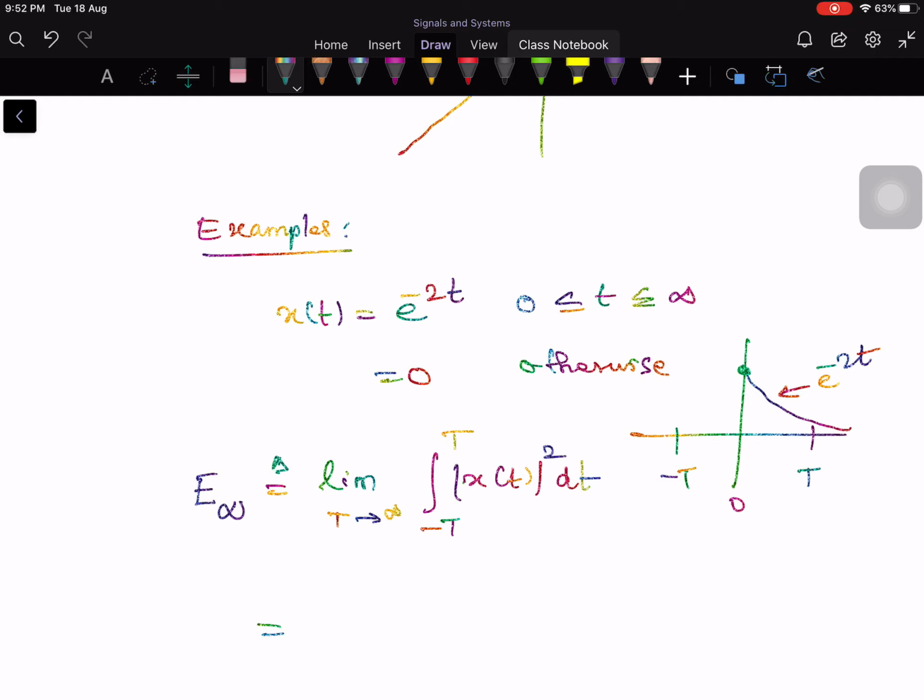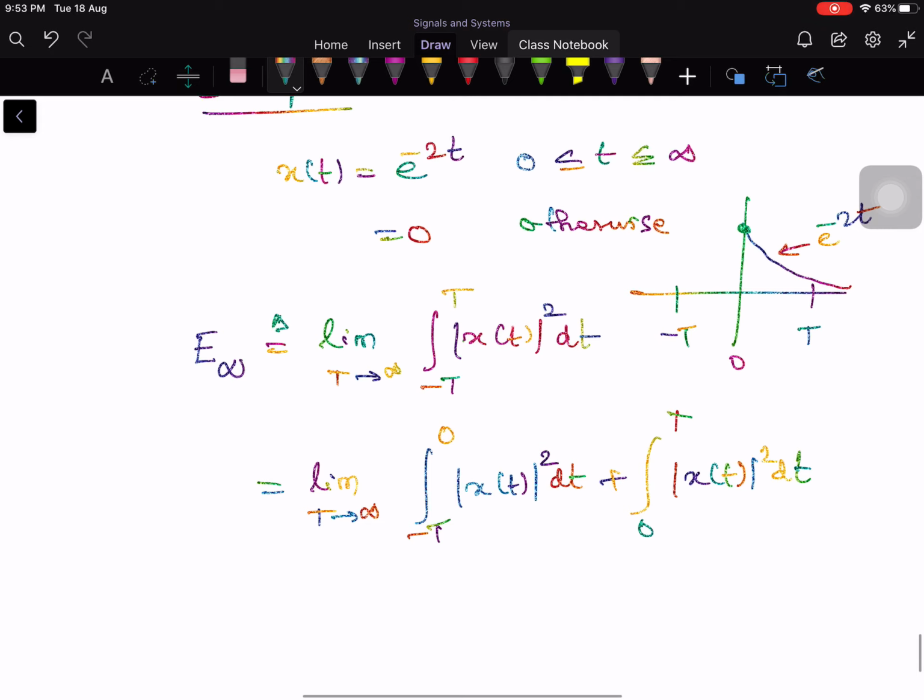So this is limit T goes to infinity, integral from minus T to 0 of 0 dt plus integral from 0 to T. I can write it like this. Now this one goes to 0.